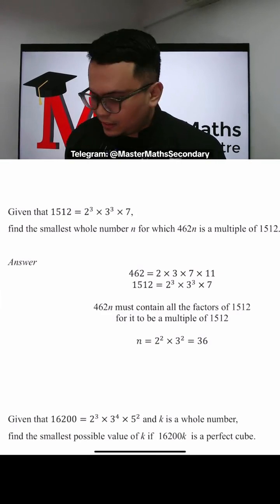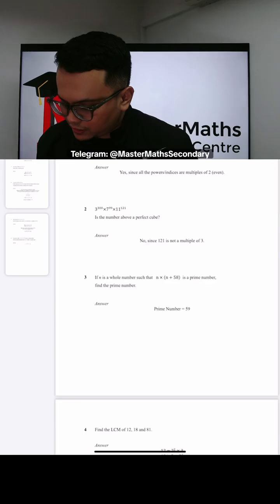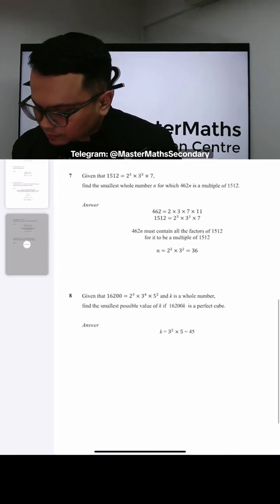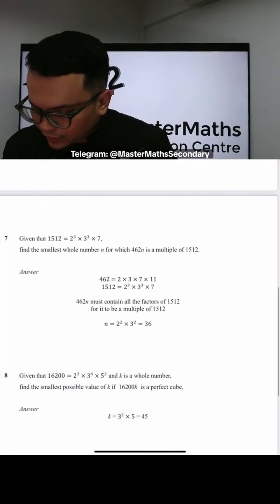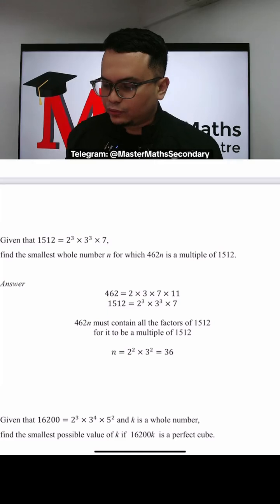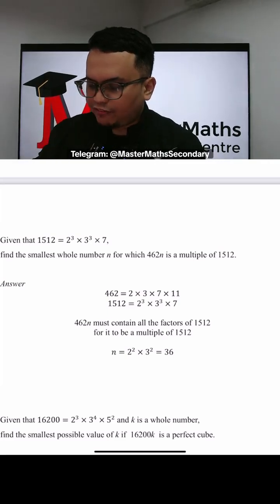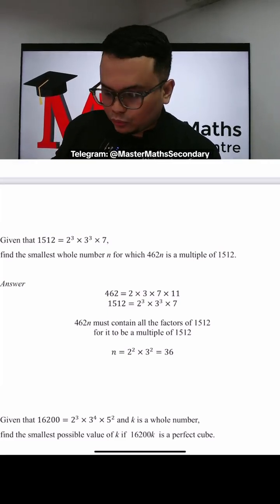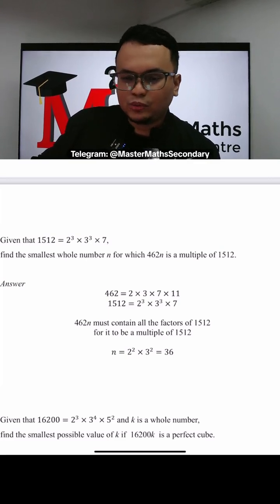Okay, Danish. Let me explain this second last question. For 462n to be a multiple of 1512, you must have the factors of 1512 within this 462n.